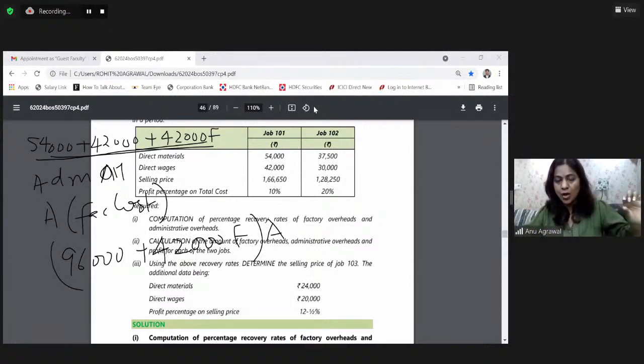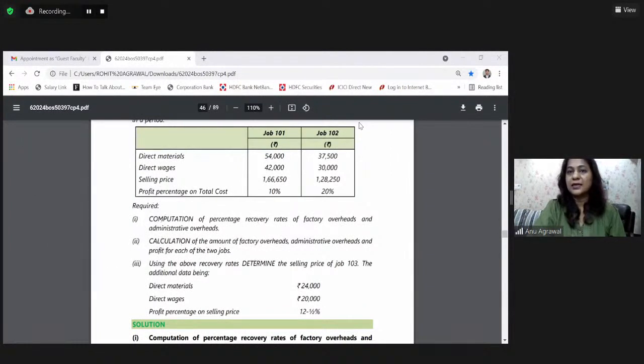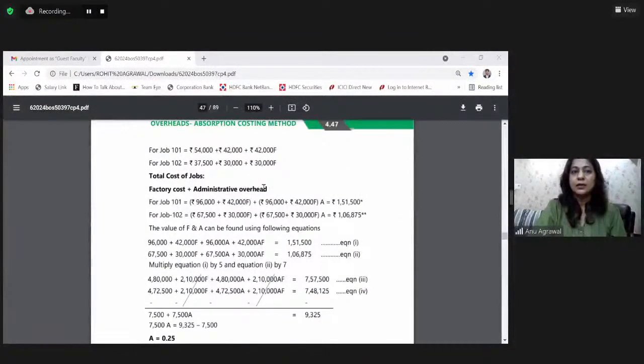Now this is a bit of a long equation, and then factory cost plus admin overhead is equal to the cost. They have given you the selling price. You should know that from selling price you get cost. Once I know the cost, you can just equate it. And that's exactly what ICAI has done. See? This is the factory cost. On this factory cost, they added admin overhead and equated it to cost.